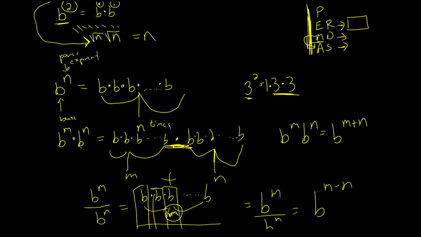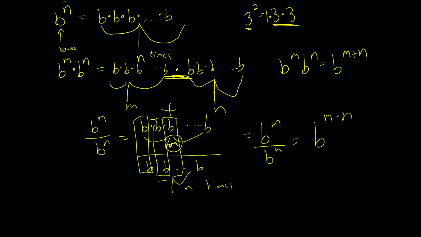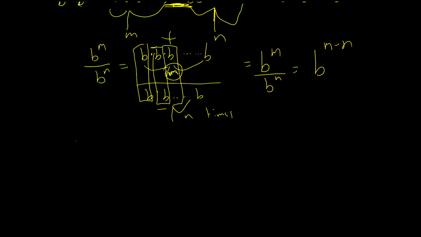Now, if I'm dividing exponents, I look at the level below. Well, here comes the neat part. If I take b to the m and I take it to the nth power, what does that look like?